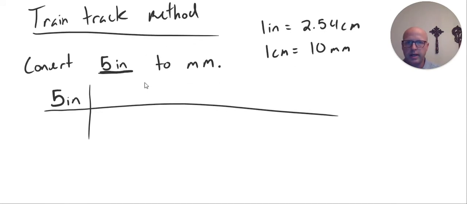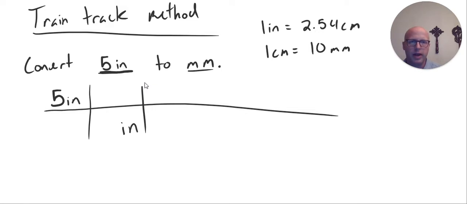All right? So let's think of what we can do here. Now, I do not want inches in my final answer. I want millimeters. All right? So I want to get rid of this inch unit. Well, how do I do that? The way I get rid of this inch unit is I need to divide by it. So I'm going to put inches down here. Okay? So I need something which I can divide inches out. Well, I come back over here and I look at my factors.